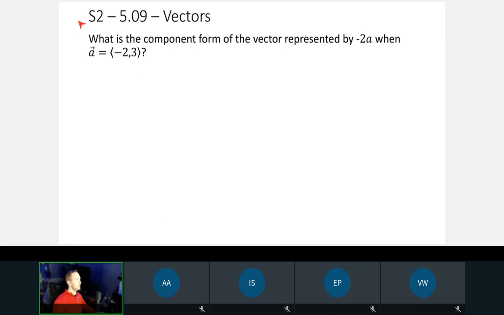All right, next one here. What is the component form of the vector represented by -2A when vector A is <-2, 3>? All right, I'm giving all of you 30 seconds.